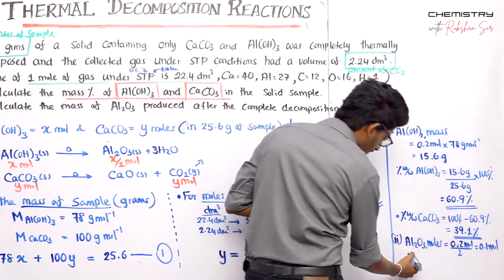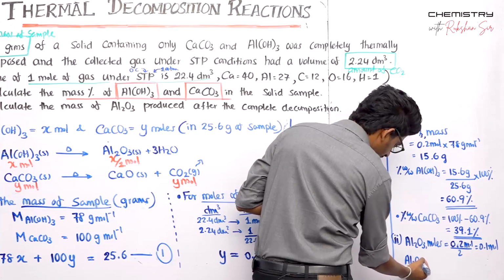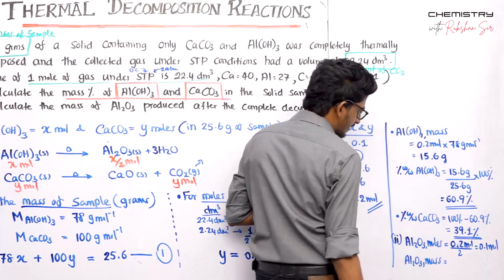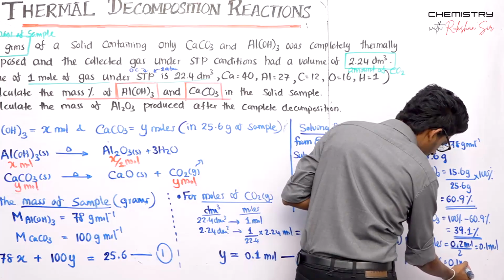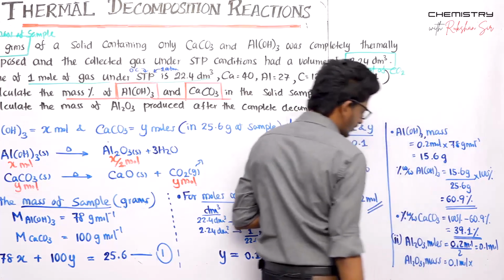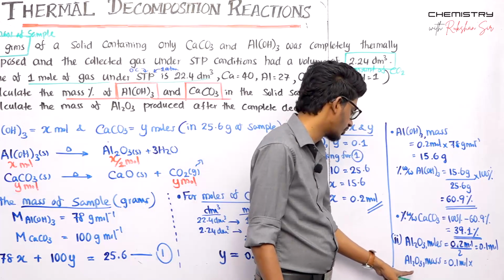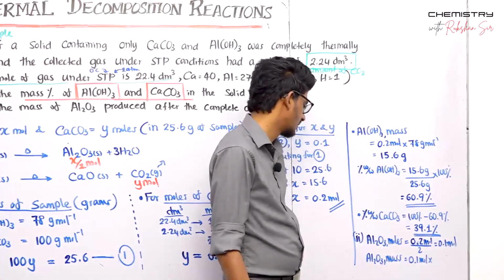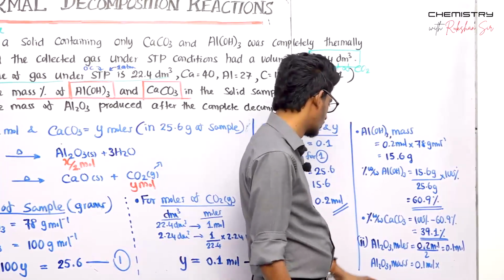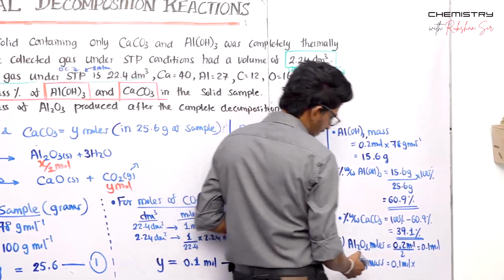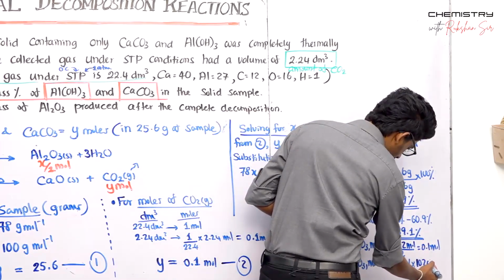So now we can come up with the mass. Mass is equal to 0.1 moles into its g mol^-1 value. What is the g mol^-1 value? 2 27s are there, 54, and here 48 is there. 48 and 54, that is 102.